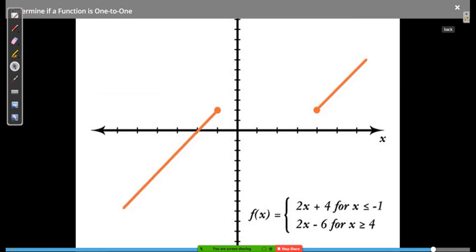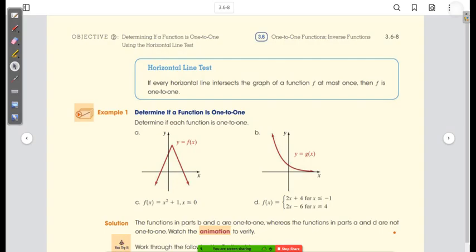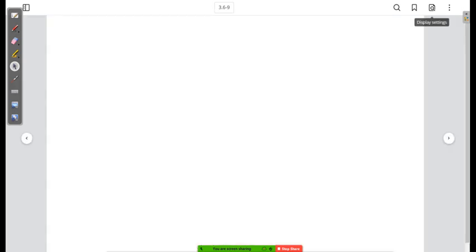Anyways, if I were to have graphed that perfectly, you can see that we will indeed violate the horizontal line test, and therefore it is not a one-to-one function. If that's cheating, I'm sorry. That's all I got.